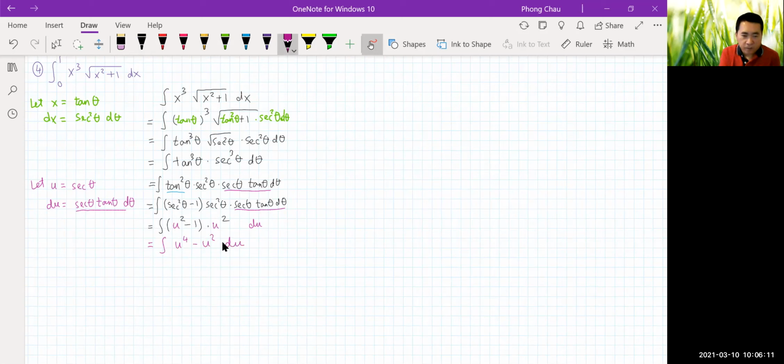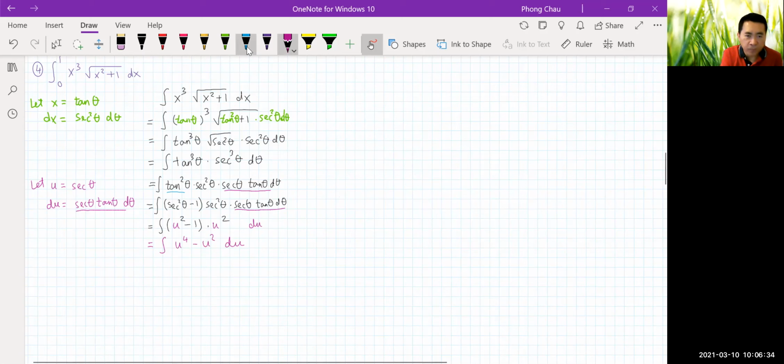If you look at this problem again, we start with x, we change the variable to theta so we can get rid of the radical. We run into the trig integral and we use a u sub to turn it into a normal integral without trig. Now we can integrate.